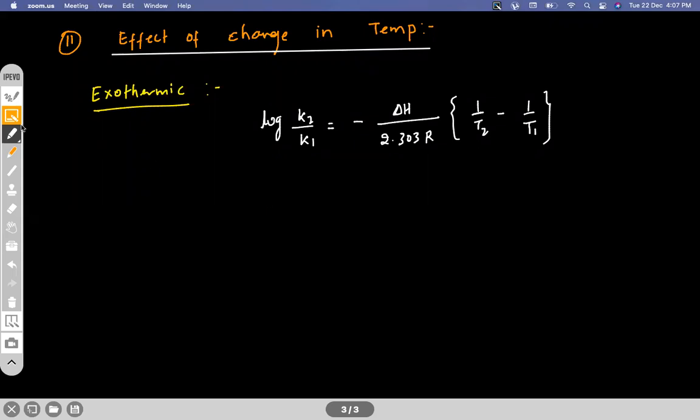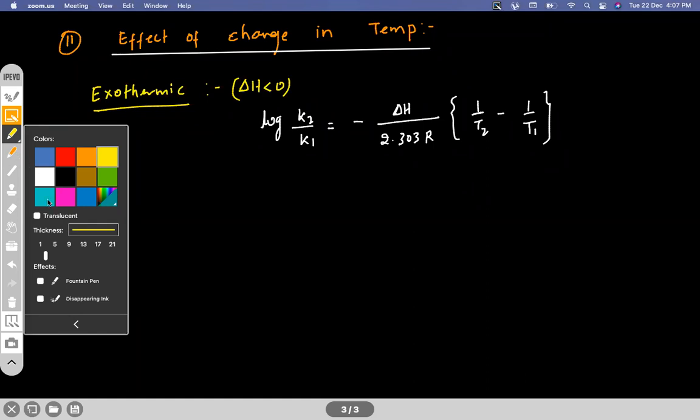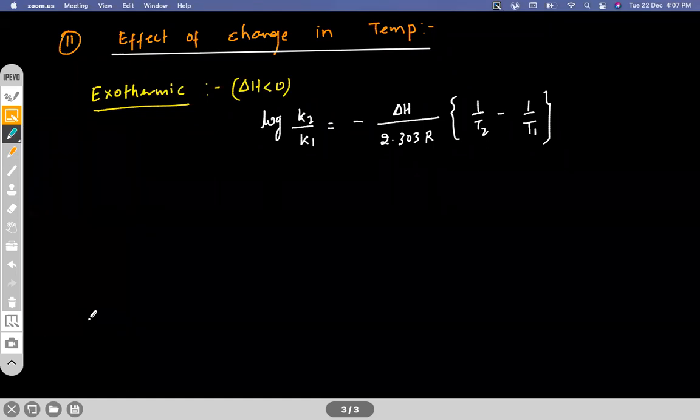Since the reaction is exothermic, delta H is less than 0, negative. We need to find out what happens with the equilibrium constant, whether K increases or decreases.